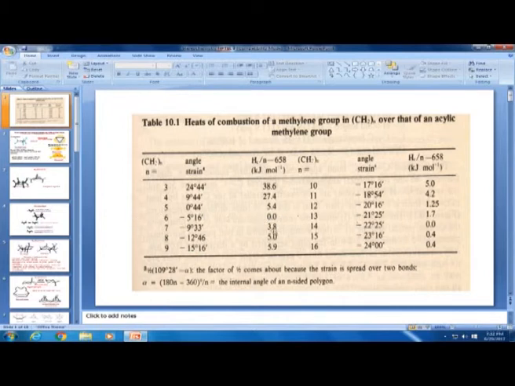Then as you increase the number of carbons in the cyclic system, it starts going up again, but it never reaches those values. It remains very close, between 5 and 5.9, then again 4.2. So, it really fluctuates. The stability graph will be something like this.